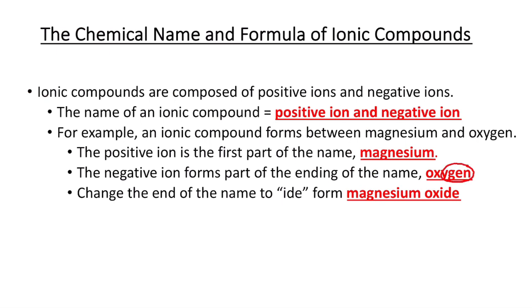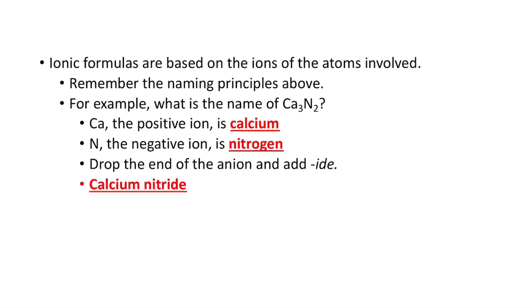Oxygen's kind of a unique one because of the YG in it. So we change the oxygen to IDE. So magnesium oxide, nitrogen would be nitride, sulfide, phosphide, etc. So always make sure you're changing the ending to IDE.